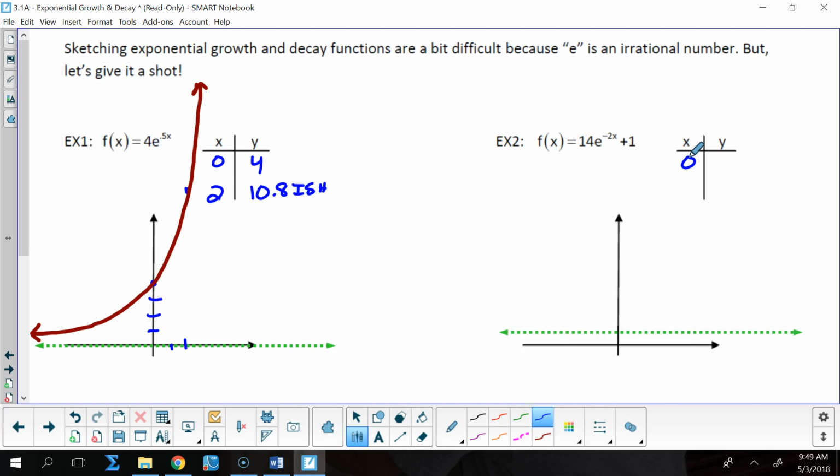So negative 2 times 0 is 0. E to the 0 power is 1, times 14. 14 plus 1 is 15. That's way up there.